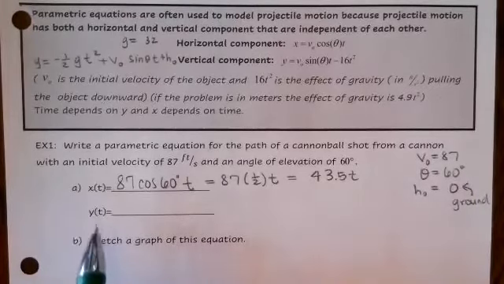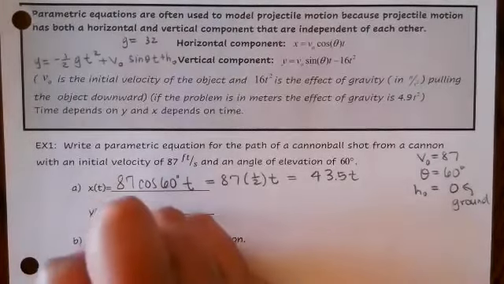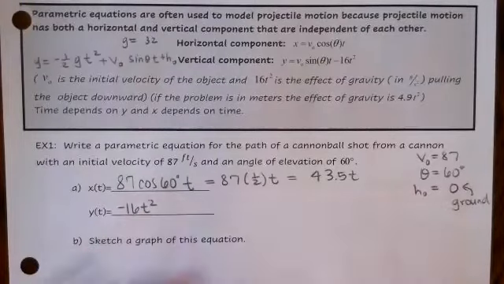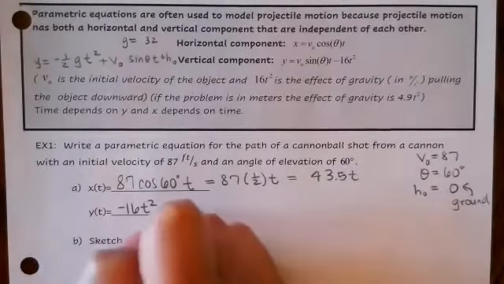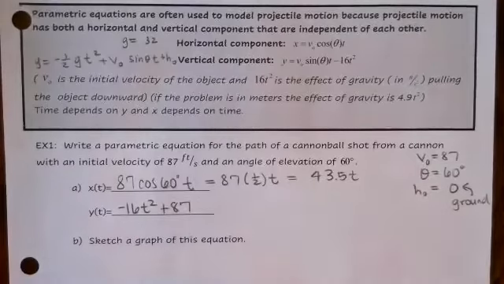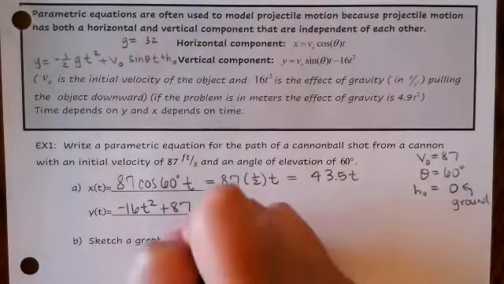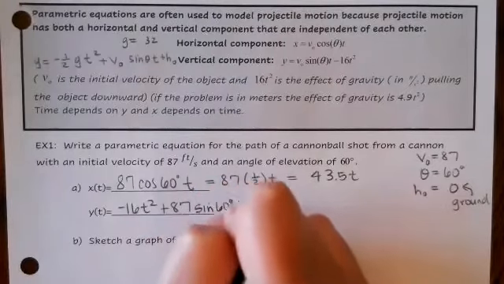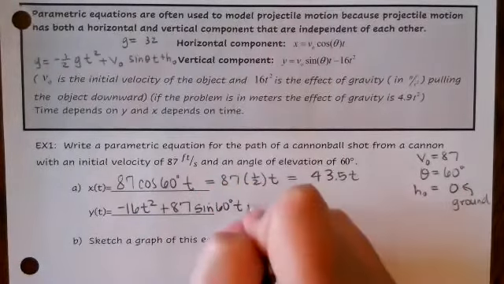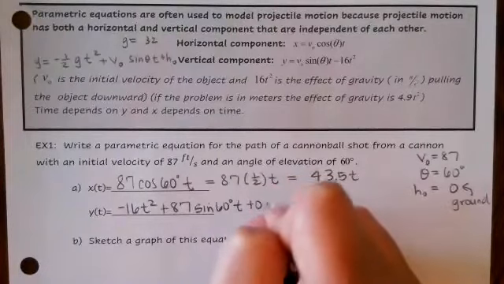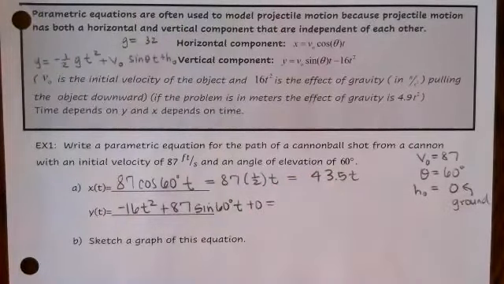All right, so then for our y of t, that puts us at -16t squared plus 87, which is our initial velocity, times the sine of 60 degrees times t, plus our 0, since the initial height is 0.